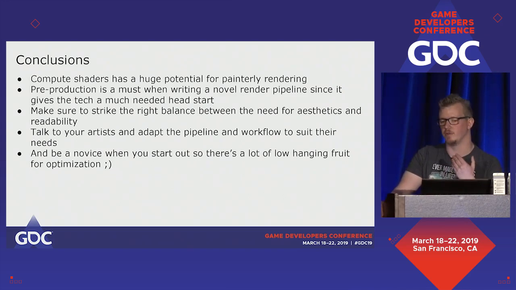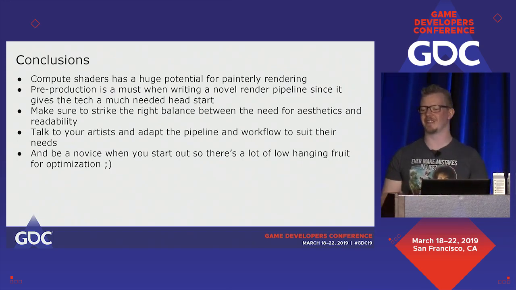All the disciplines have to work together in order to achieve the look that you want. Compute shaders have a huge potential for painterly rendering, and I can't wait to see what's going to be done with them in the future. And thankfully, I would say be a novice when you start, because then there's a lot of easy things you can fix at the end of the project to increase your performance.